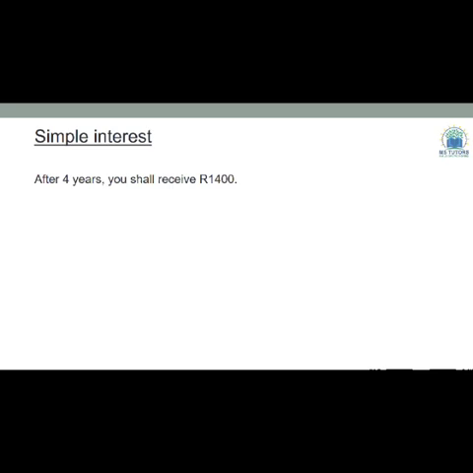Now, let's look at what we would get if we were to use the formula for calculating accumulated value on simple interest. So you just plug in the values that you were given, and you see that we also get the 1,400 rands. So this equation confirms that you will receive the 1,400 rands after 4 years.